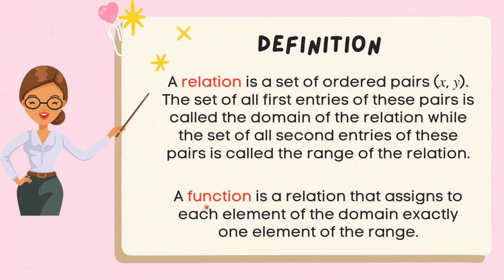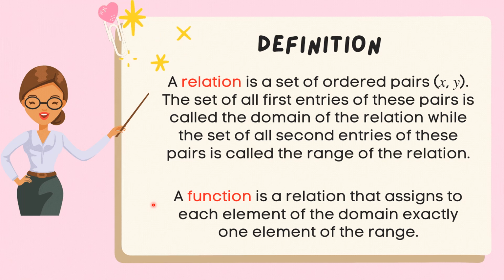Then what is a function? A function is a relation that assigns to each element of the domain exactly one element of the range. A function is a relation where each element in the domain is related to only one value in the range by some rule.